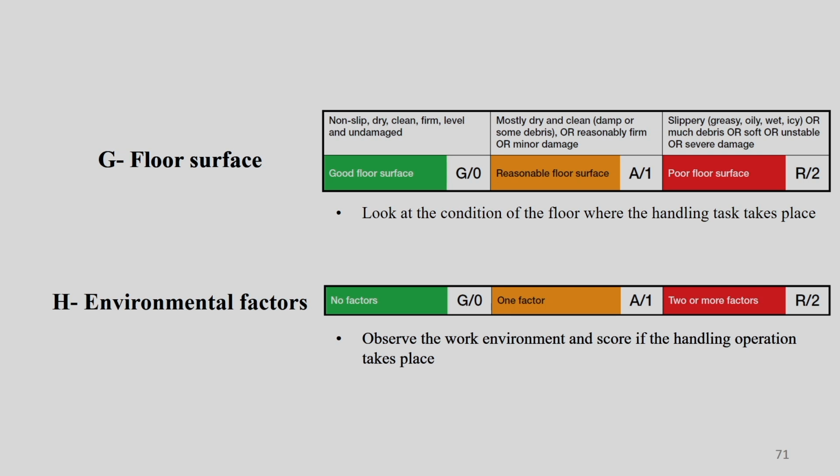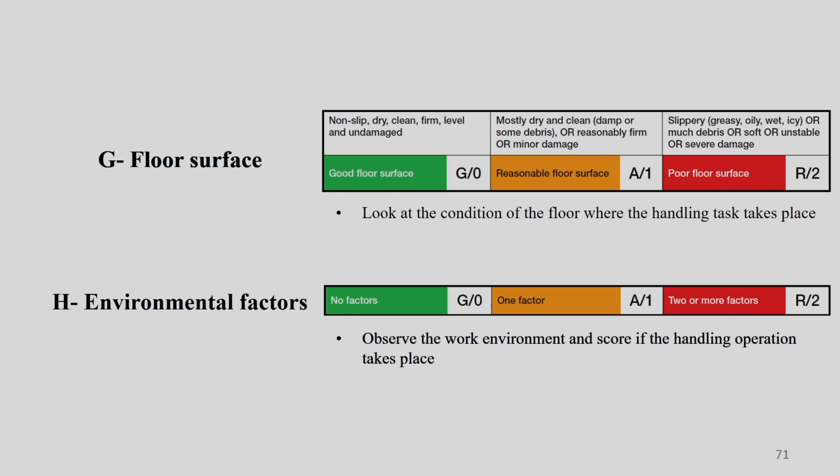Especially it happens in the processing industry, fish processing, meat processing, those food processing industries, where you will get such flooring, or much debris, or very soft or unstable and severely damaged areas.